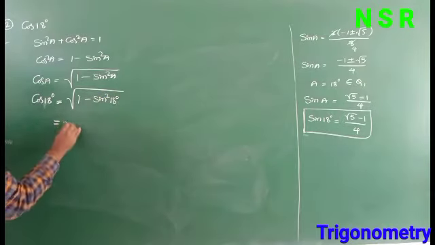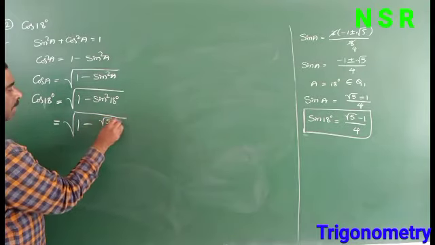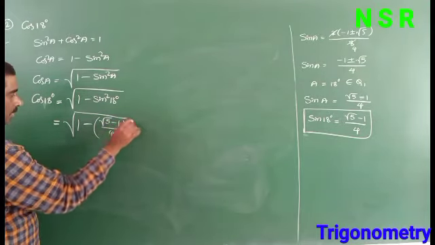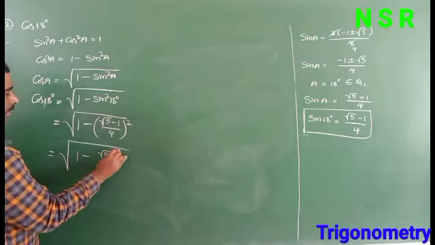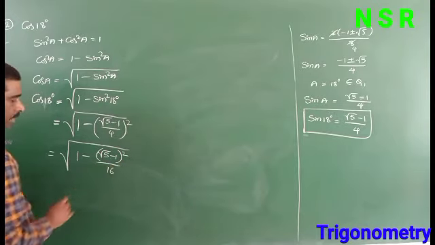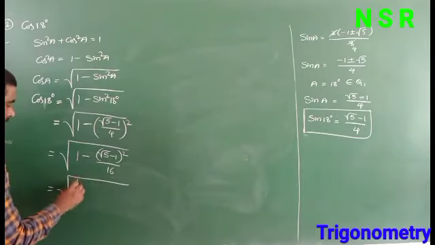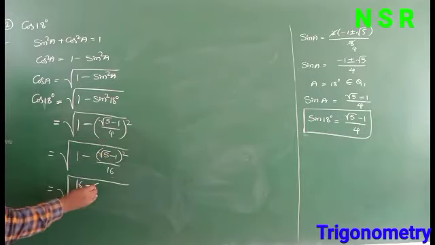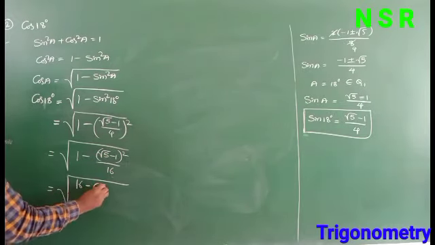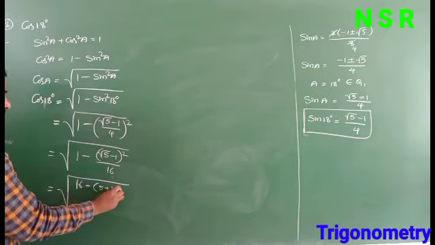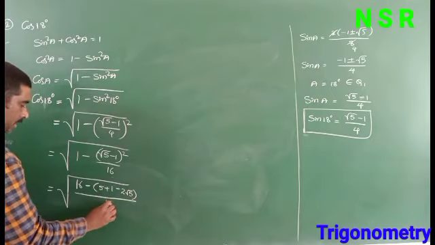So already you know the sin value. Here substitute that sin 18 is root 5 minus 1 by 4, whole square. Now, square root of 1 minus (root 5 minus 1) whole square by 4 square, 16. So 16 multiply here, we get square root of 16 minus, apply here the (a minus b) whole square formula: a square, root 5 square is 5, plus 1 square is 1, minus 2ab, 2 into root 5 into 1, 2 root 5, by 16.